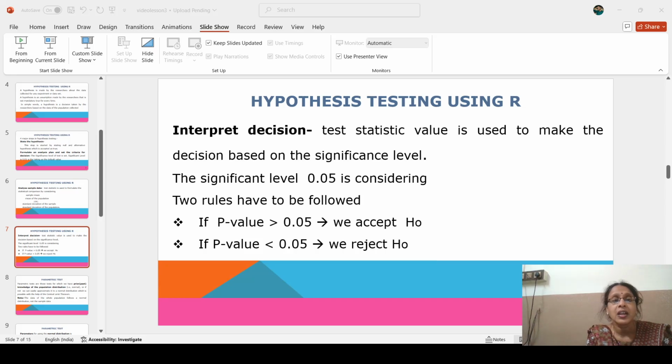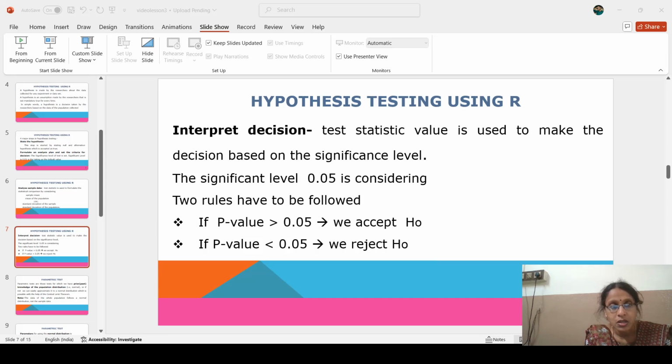The p-value is less than 0.05. e to the power of minus 7 means 10 to the power of minus 7, which in decimal form is 0.0000001. Since the p-value is less than 0.05, we reject the null hypothesis.